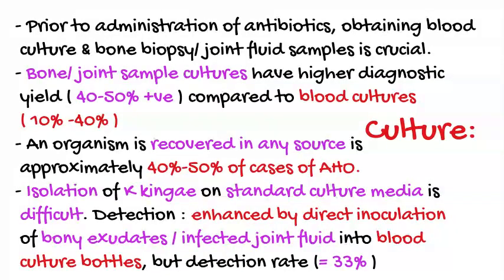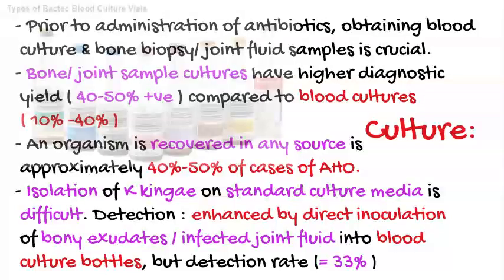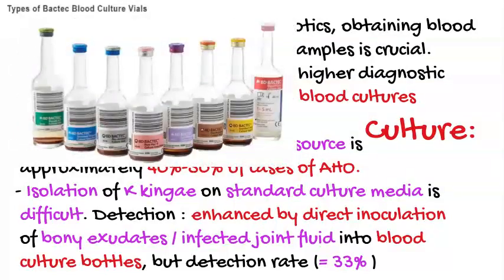Isolation of Kingella on standard culture media is difficult. The detection of this organism is enhanced by direct inoculation of bony exudates or infected joint fluids into blood culture bottles, but the detection rate is around 33%. This picture illustrates blood culture vials.